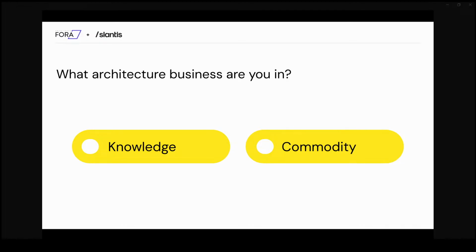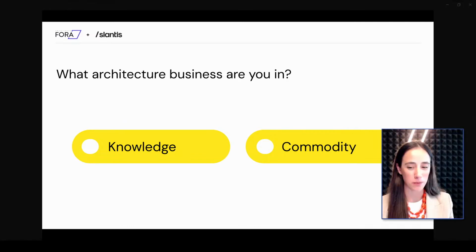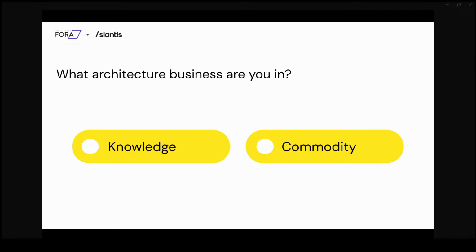Is it knowledge or commodity, instead of design and commodity? If you're thinking that you're actually selling knowledge as a business instead of design and architecture, then you should structure your whole business differently. Does this make sense? And Leah, do you want to add to the conversation?